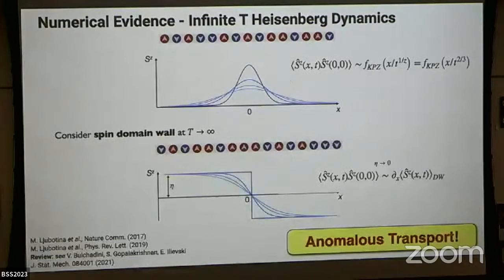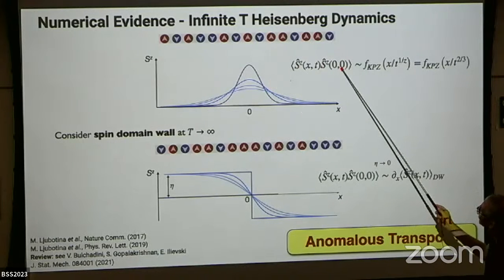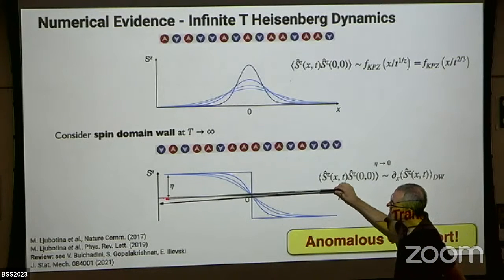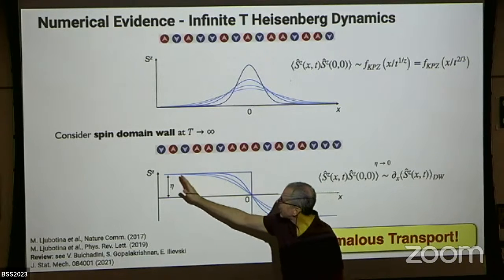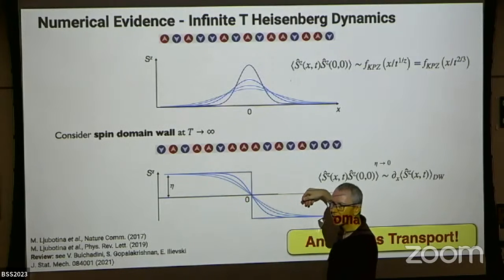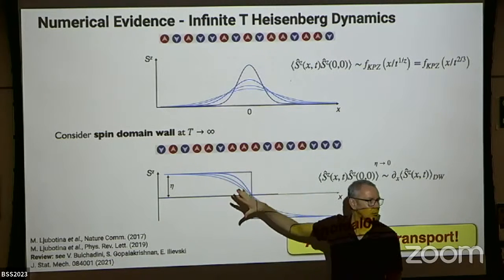Now, you can measure this dynamical spin-spin correlation function also in another way, by looking at the domain wall dynamics. And this is what our experiments and Google experiments have been doing: they created a domain wall where you have slightly more spin ups on the left and slightly more spin downs on the right, a very sharp interface, and you look at the spreading of this domain wall.